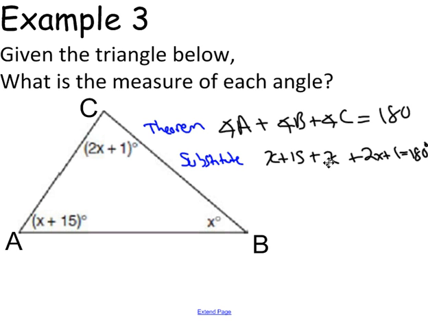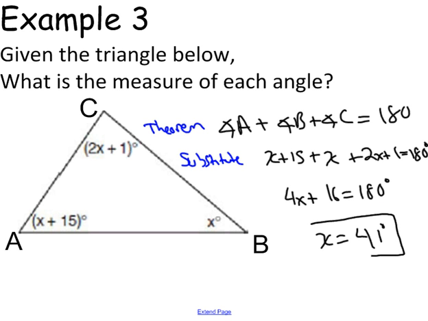Combine the like terms. X plus x is 2x plus 2x, that's 4x, plus 15 plus 1 is 16, equals 180. You're going to get x equals 41. I skipped a step there, by the way, just to save us some time.